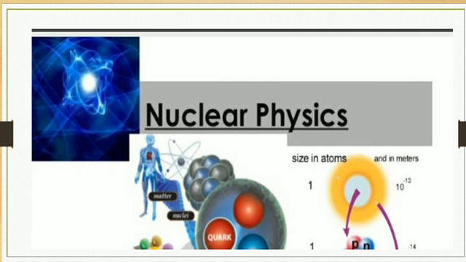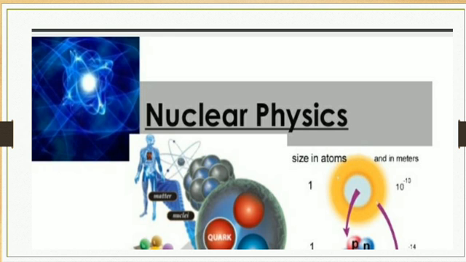So, nuclear physics. If I am taking the nuclear word, what will definitely be present? Atoms.